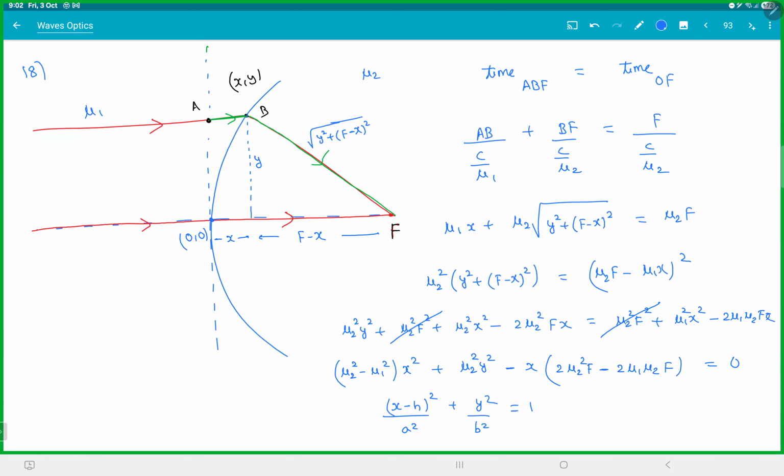So you can clearly see here, if mu2 is greater than mu1, it's actually an ellipse. The coefficient of x square is positive. If mu2 is less than mu1, then this will become a hyperbola.